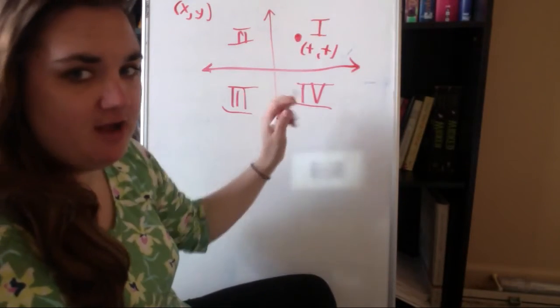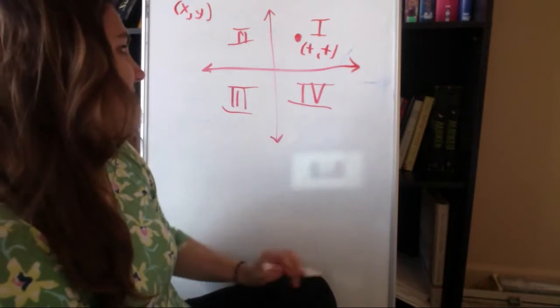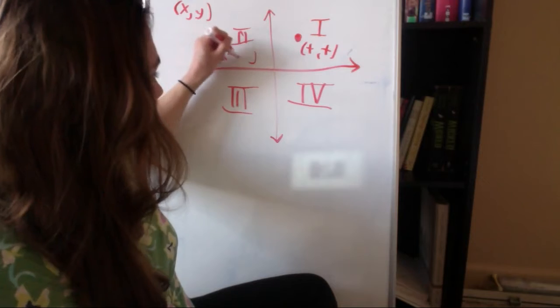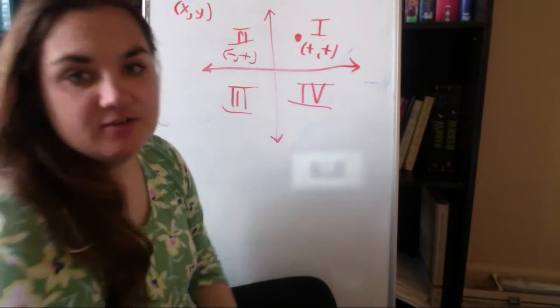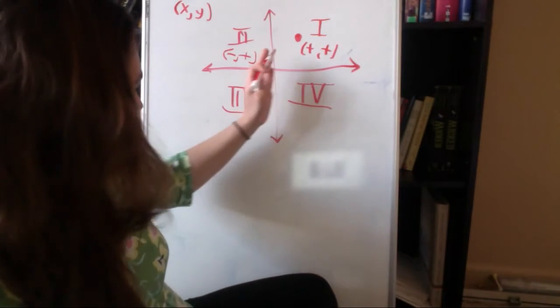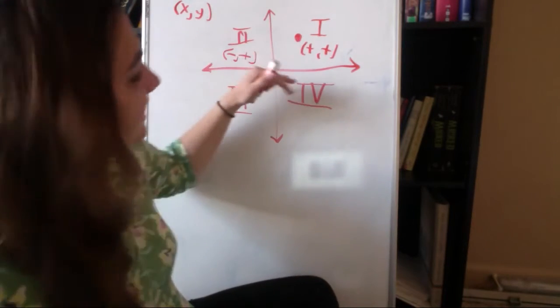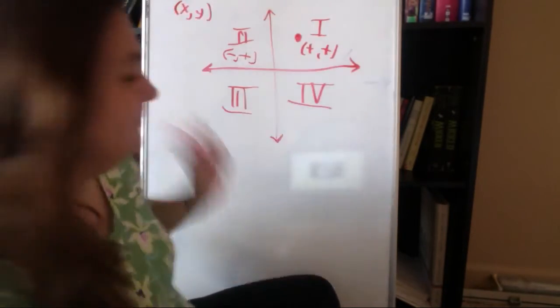So in quadrant 1, all my ordered pairs are going to be positive, positive. In quadrant 2, all of my ordered pairs are going to be negative, comma, positive. And the reason for that is because if I have a negative X, it's telling me to go towards the left. And if I have a positive Y, it's telling me to go up.